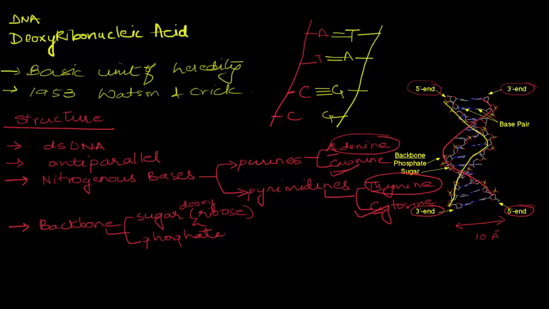Every single nucleic acid will have this kind of arrangement where A will always pair with T with 2 hydrogen bonds, and G will always pair with C with 3 hydrogen bonds. This is conserved, and because of this the DNA molecule is referred to as a very conserved molecule, because of the unique arrangement of these A, T, G, C, which are connected to each other by this complementary nature.